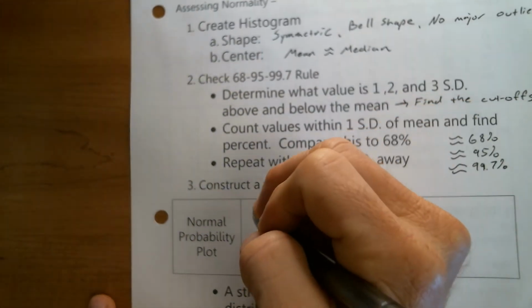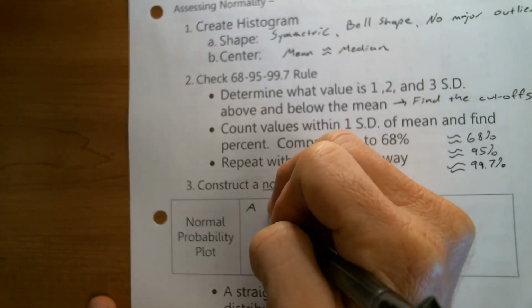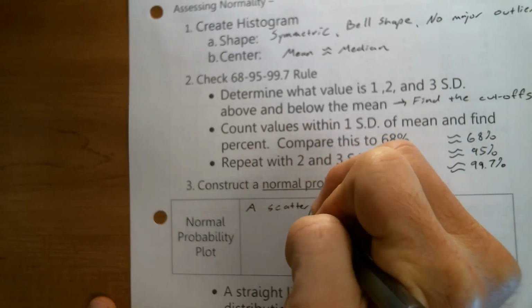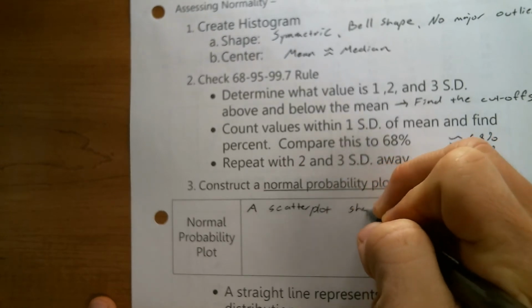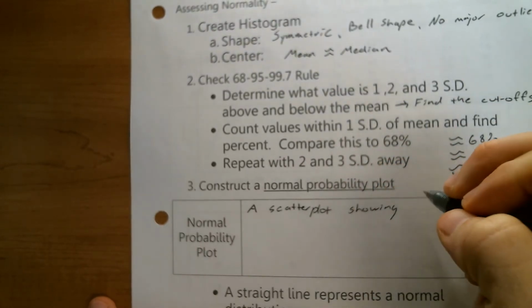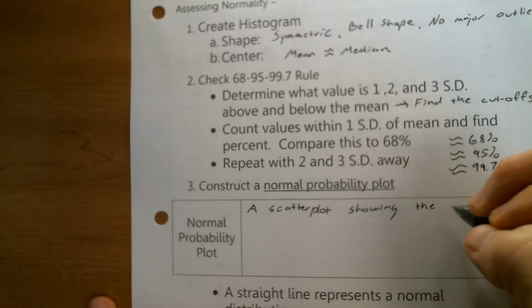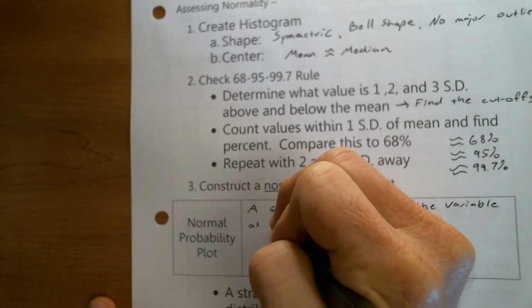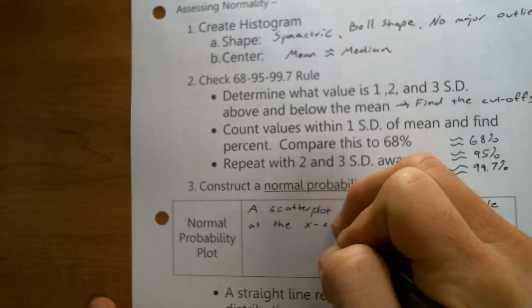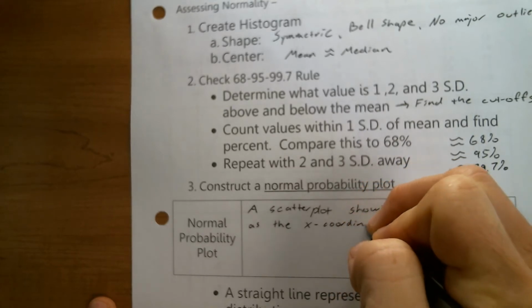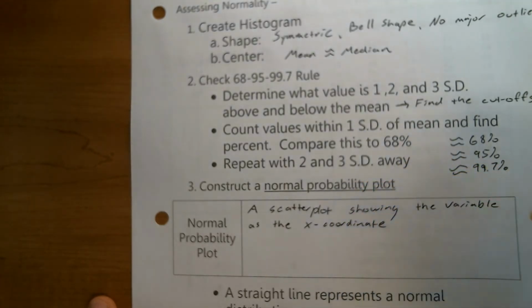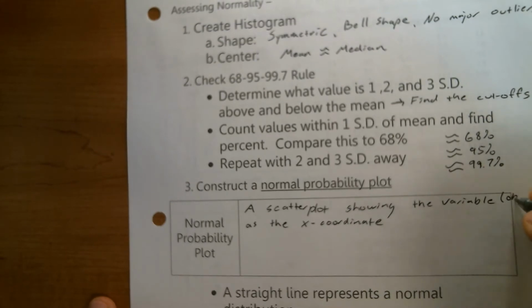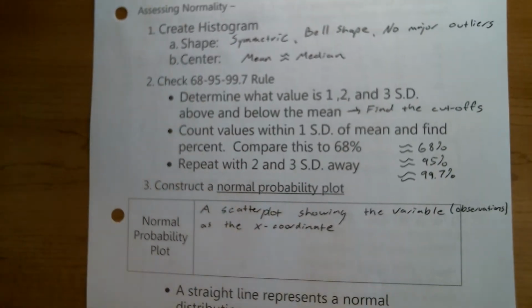So the normal probability plot is a scatter plot showing the variable as the x-coordinate. You could also think of that as observations. So that's the observation values, whatever your data is about.